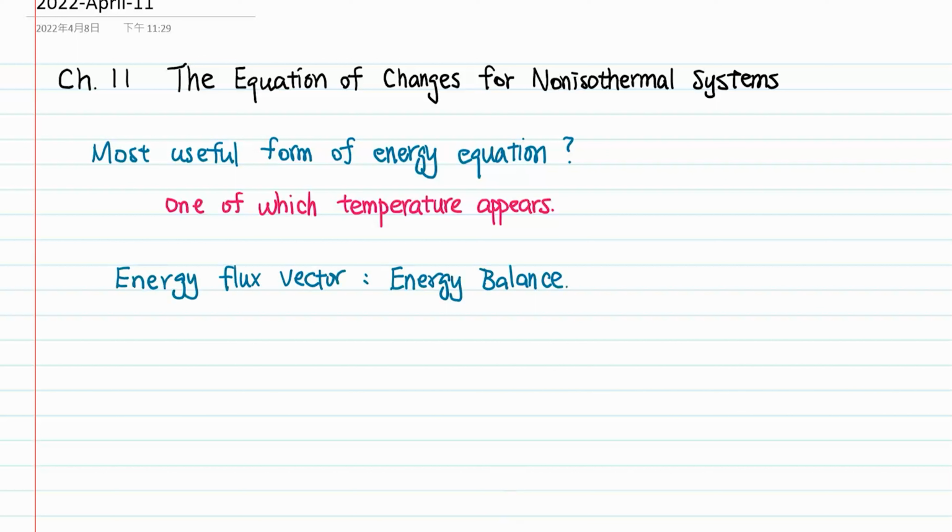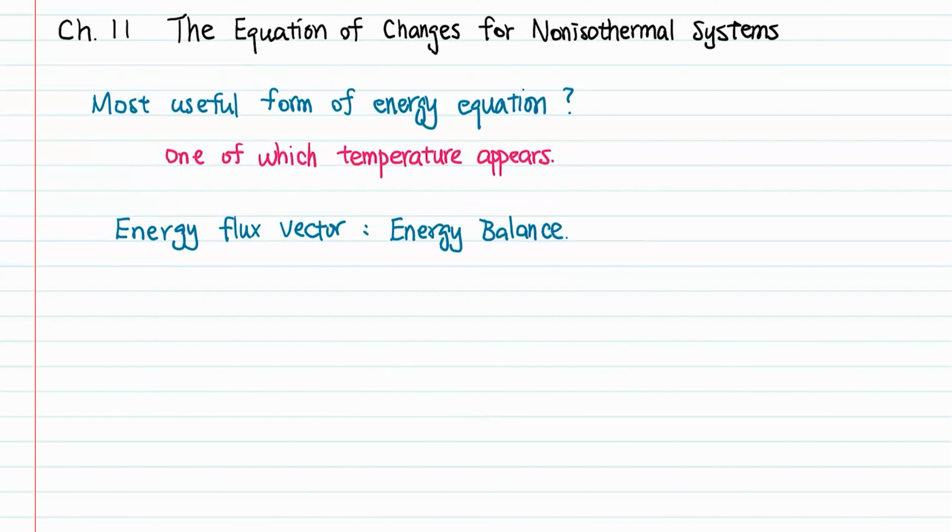If we do a very rough equation on this, we know that the accumulation of the energy per volume would be the change in the combined energy flux vector plus the work. So if we write that down, that's going to be partial derivative with respect to time, and this is going to be energy per volume.